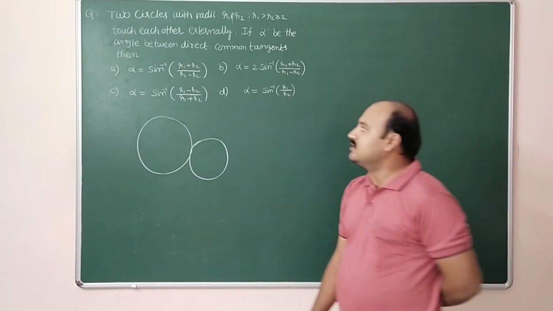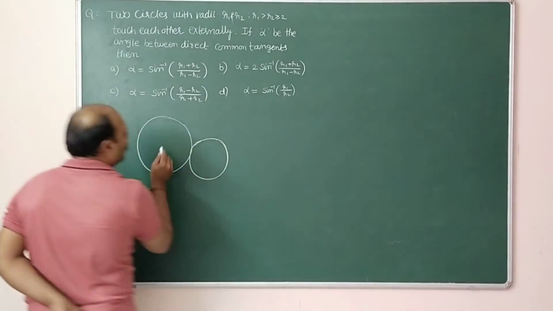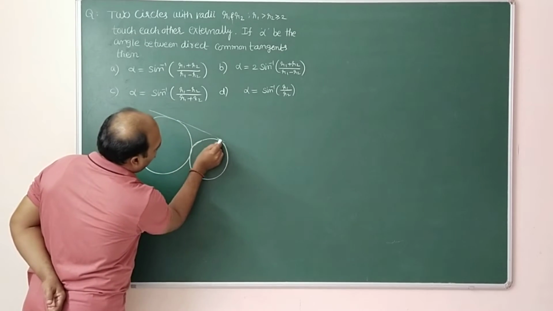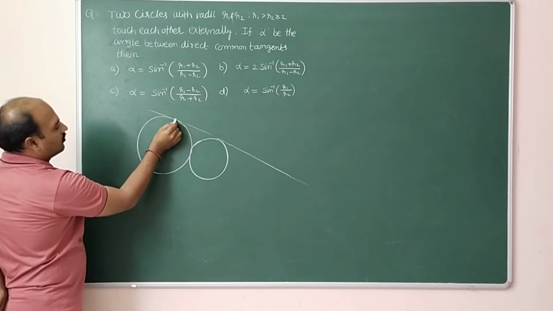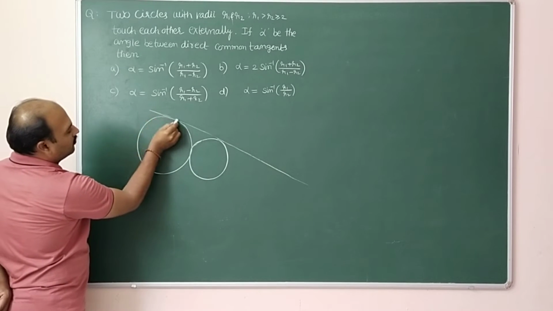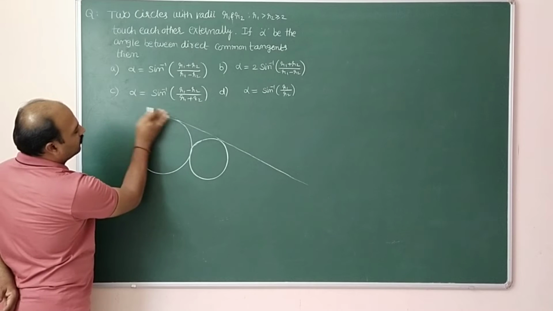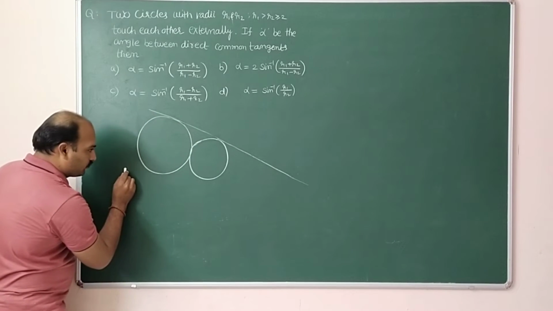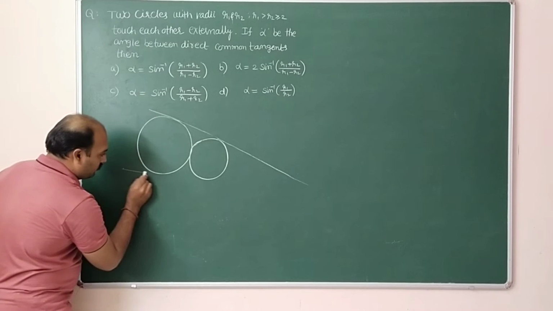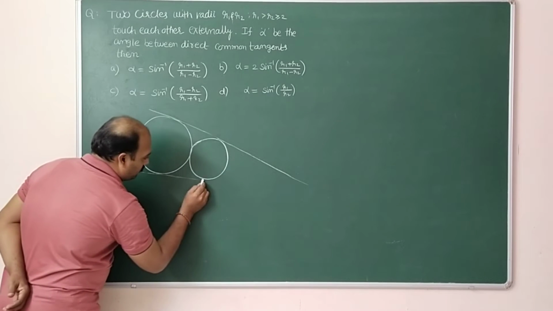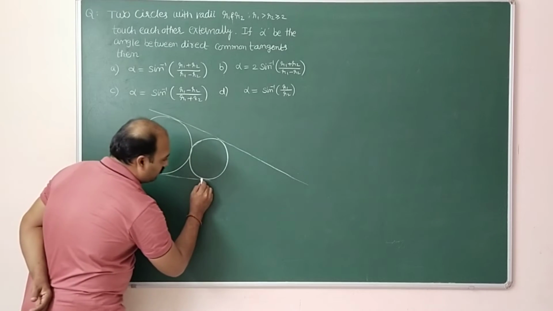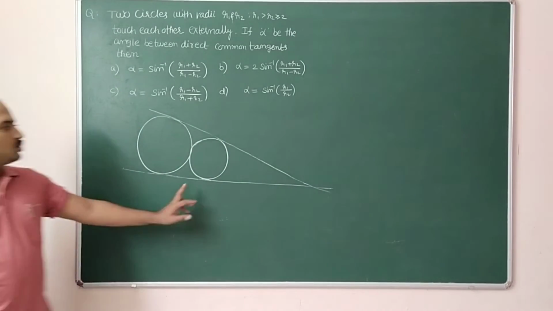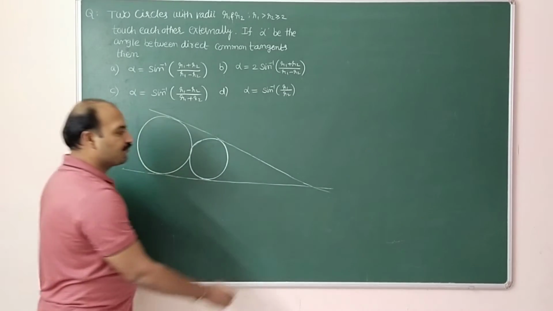So direct common tangent means like this. These two are direct common tangents.